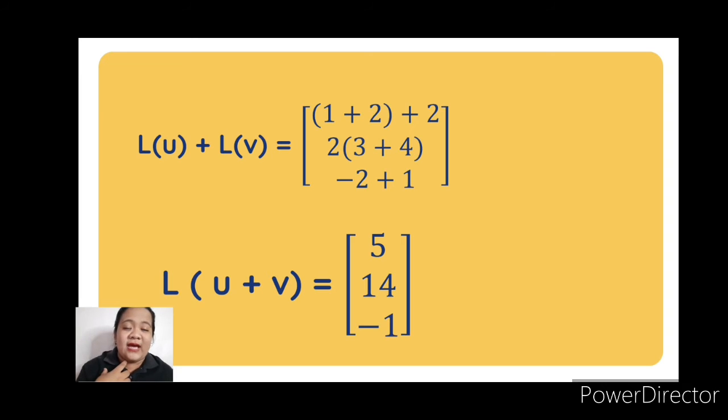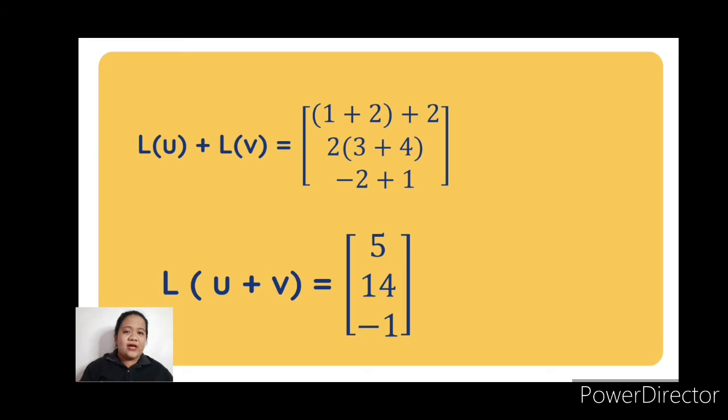So we substitute those given values: u sub 1 is 1, u sub 2 is 3, u sub 3 is negative 2, and v sub 1 is 2, v sub 2 is 4, and v sub 3 is 1. So let's substitute and do the math.